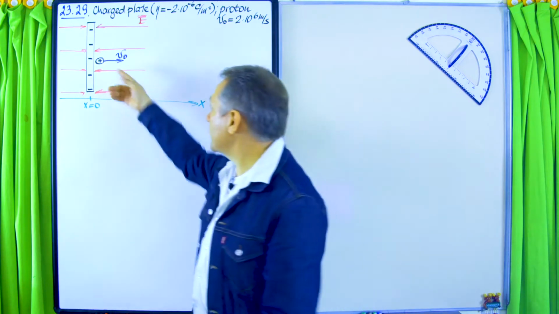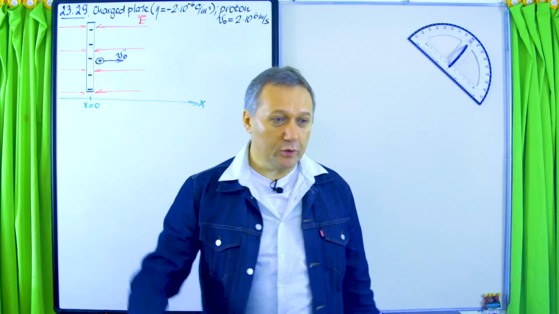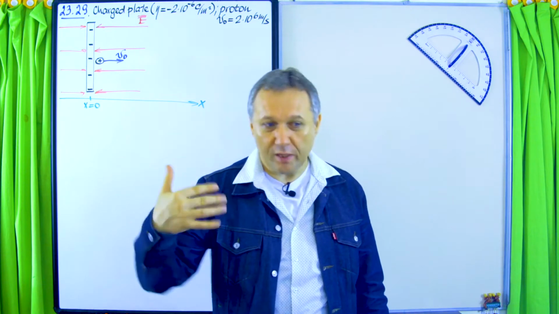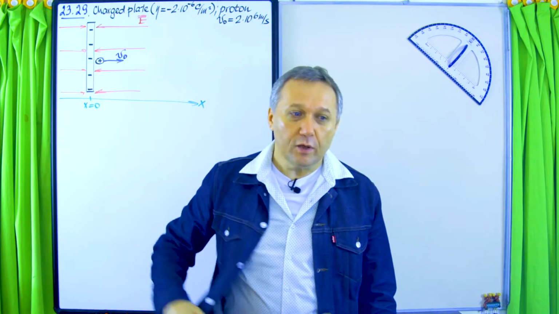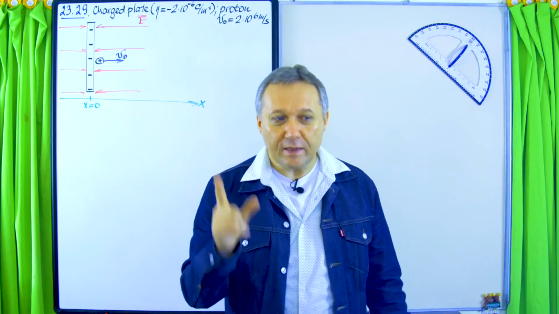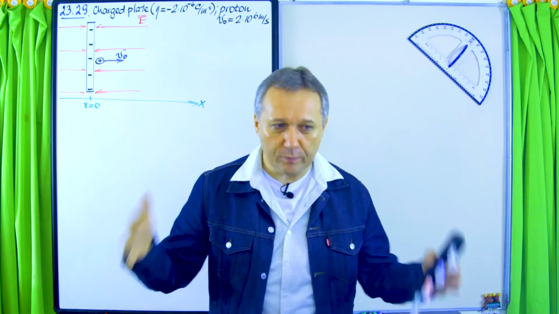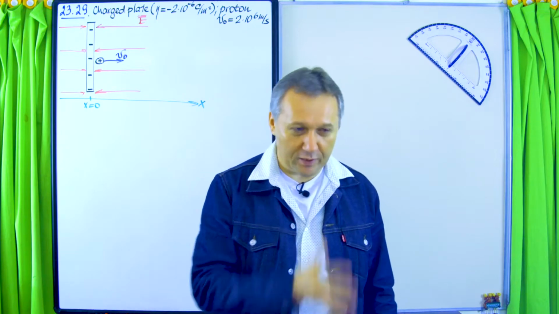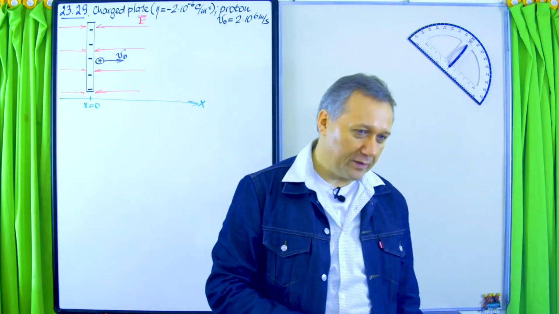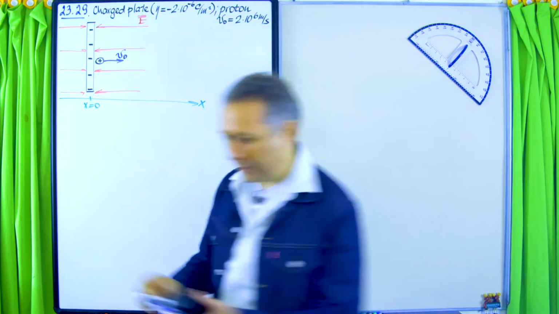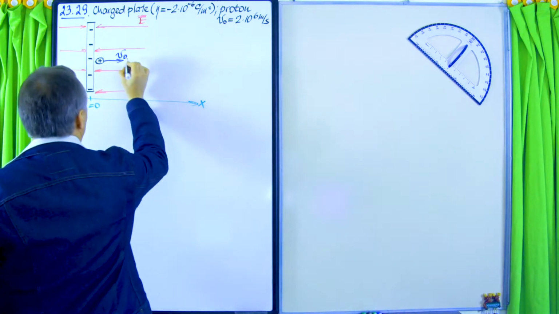After some distance, it is going to stop for a moment. That will be a turning point, and it turns around and starts traveling towards the plate. So in this problem, we need to find the distance from the surface to the turning point of the proton. That's the problem.